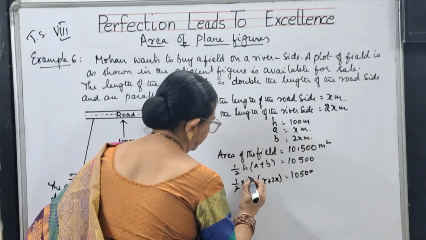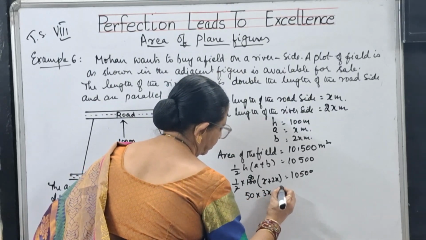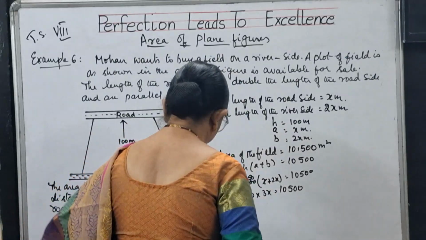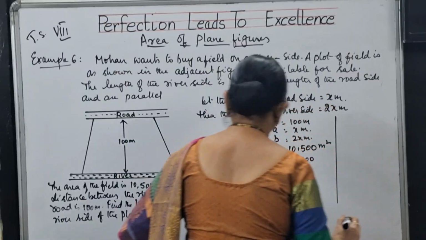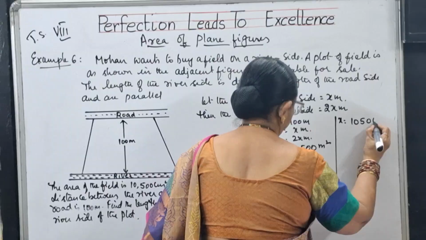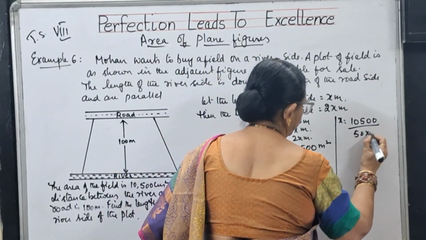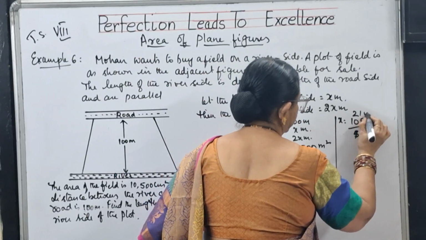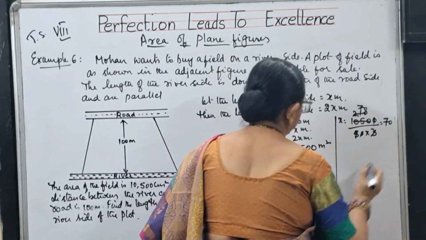So 50 into 3x is equal to 10,500. So what is x? x is equal to 10,500 by 50 into 3. The zeros get cancelled. 5 ones are 5, 3 sevens are 21. So x is 70.